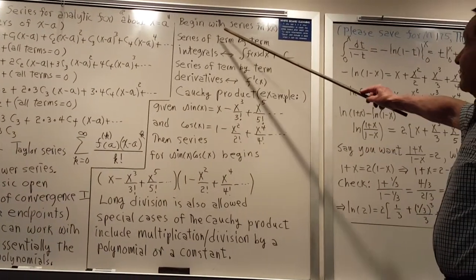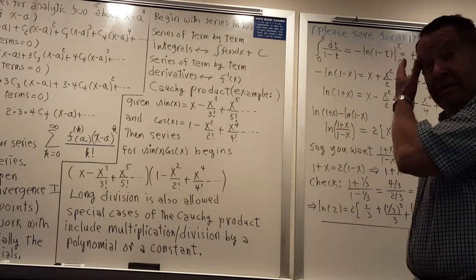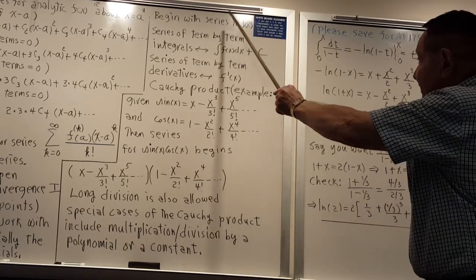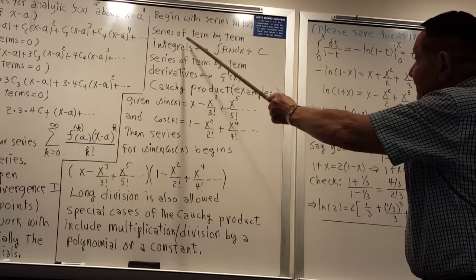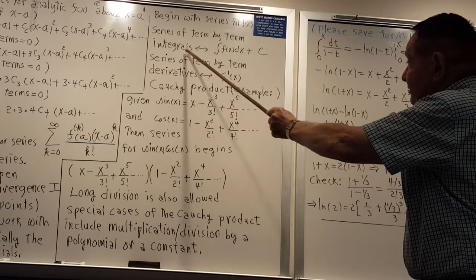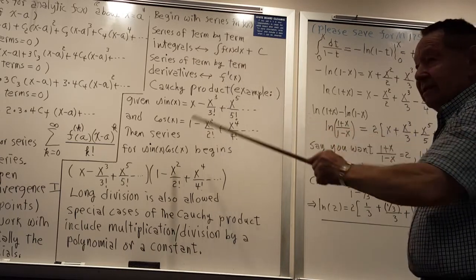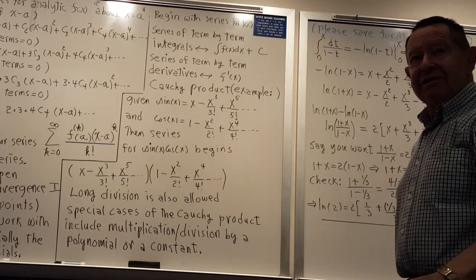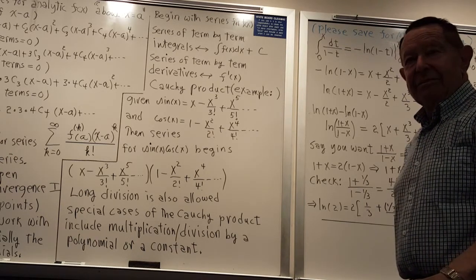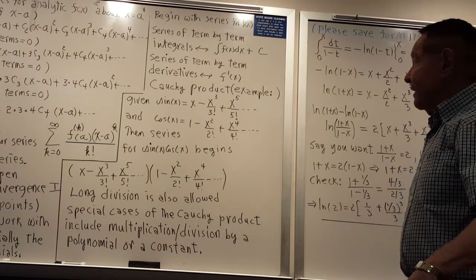So, for example, if you begin with f of x and then produce the power series, then if you integrate this power series term by term, the series that you form with the integrals corresponds to the integral of the function that you started with. So if you started with the cosine series and integrated term by term, you'll get the series that corresponds to the sine, and so on like that.